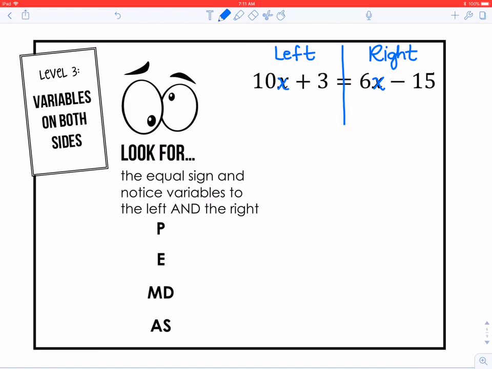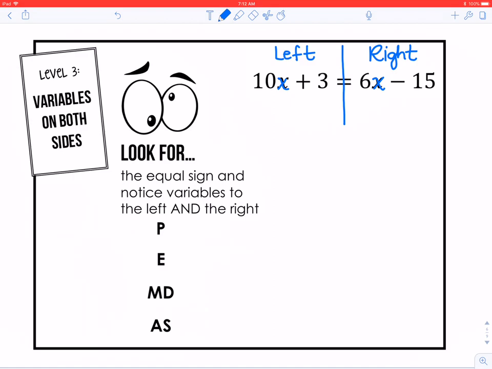Now, what that means is that we are going to have to combine our x's and combine our constants. But notice we're working on two different sides of the equation. We can't just cross over that equal sign like it's not there. We can only combine things that are on the left side with other like terms on the left side, or combine terms that are on the right side that are like terms.